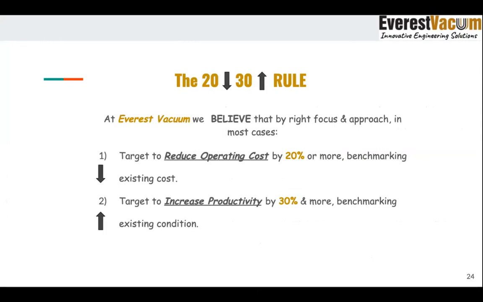Now I am going to the next part of the presentation, that is how optimization and what you should be expecting. The 2030 rule, as we call it at Everest.